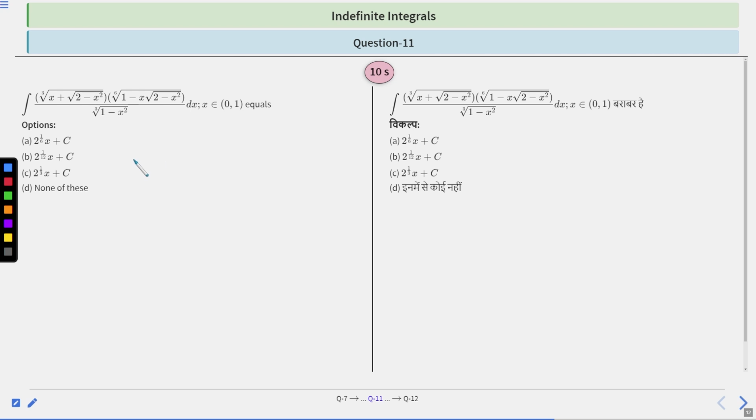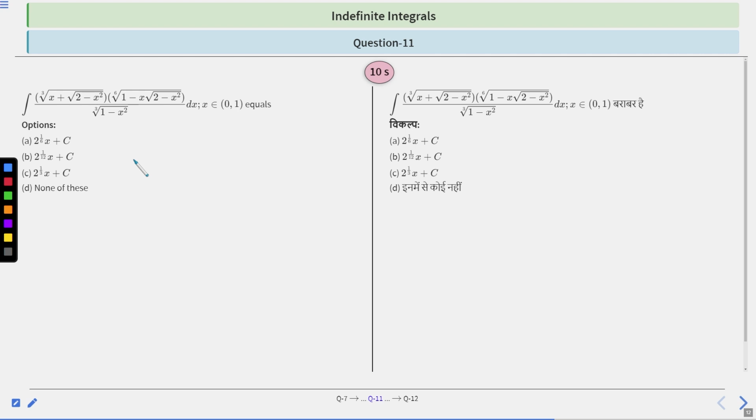So, by observing this question, you can see that it is looking like a very lengthy question. So, you can apply some substitution, right? If you apply some substitution, you can easily break this equation to a simplified form. And what substitution we can apply, you need to think about this, right?